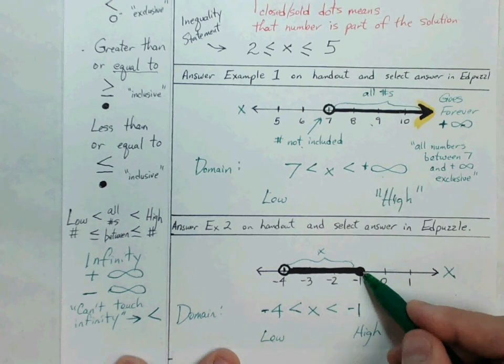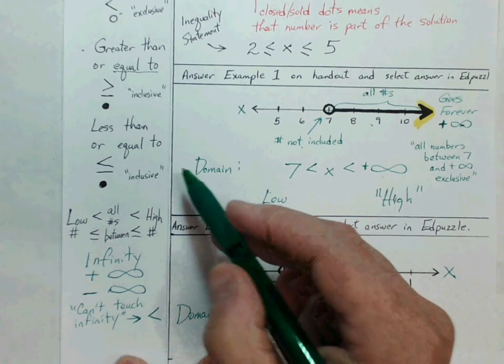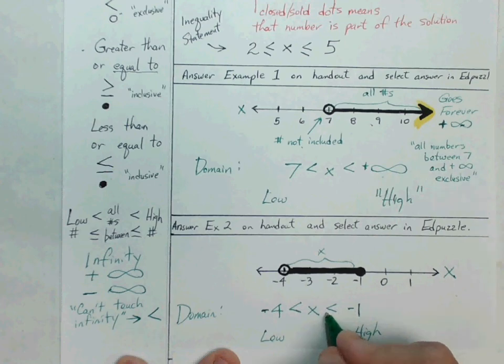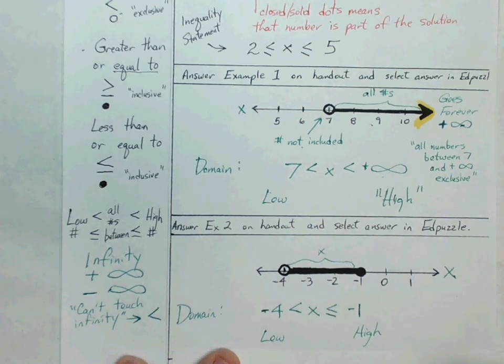But over here, we're looking at the -1. It is closed, so we're going to include that point, and the way that we show that is by making that less than or equal to.